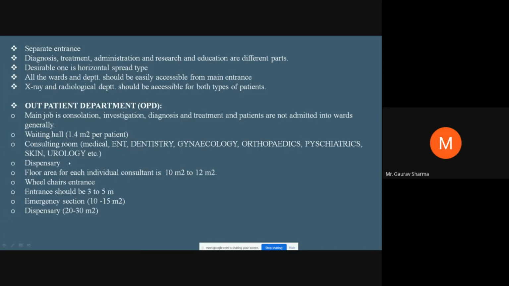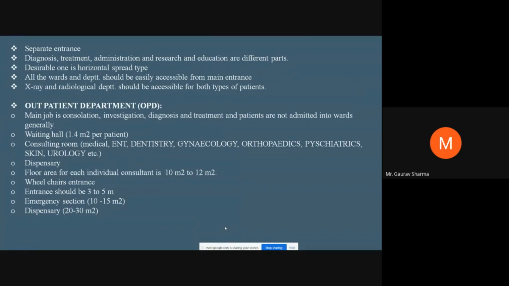Again, there must be a suitable area for a dispensary where the medicines are kept separately. The floor area for each individual consultant, that is for each medical unit, for ENT, dentistry, gynecology, should be 10 to 12 square meters. That will be enough.